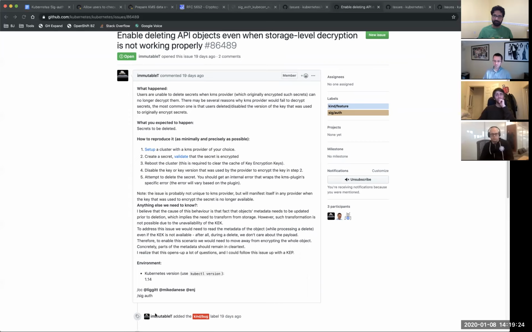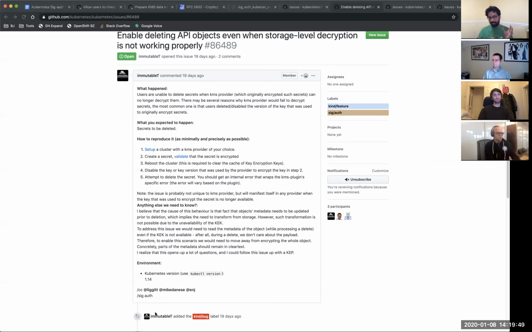Like if you pulled out name, UID, resource version, and finalizers. But you don't know whether any of the individual finalizers are going to say, I need the secret data content to make a decision about what action I need to take as a finalizer, right? So you can get some mileage out of it, but it's not generically complete.